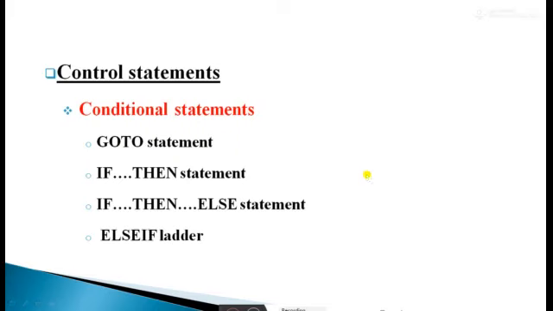So for what purpose are we using control statements? The control statements are used to control the flow of execution in a program. Okay, this class we discussed conditional statements.